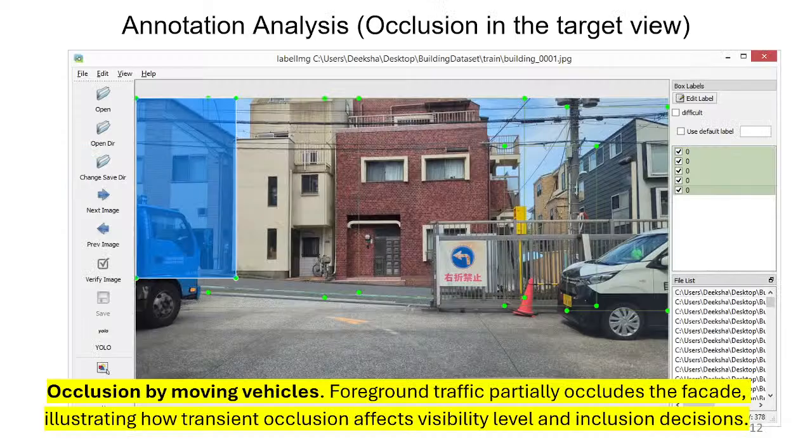Let us have a look at what kind of ambiguities we noticed in the annotation analysis. If you look at this image, you can see there is an occlusion by a moving vehicle. In these cases, the annotator needs to decide whether they should cover only the visible facade or the inferred boundary. That becomes a question of annotation decision.